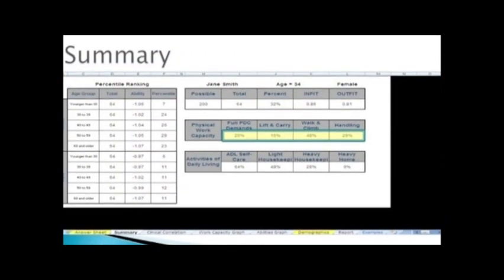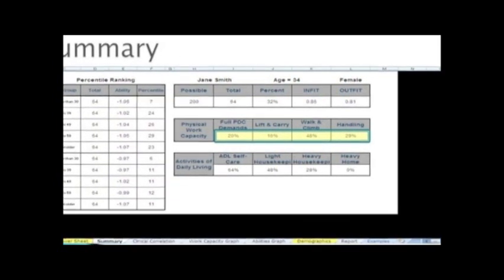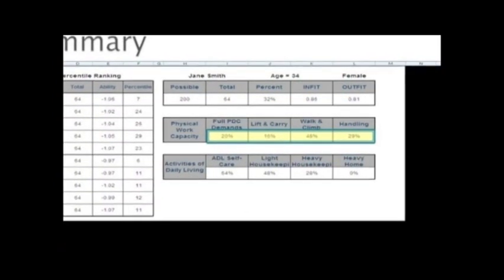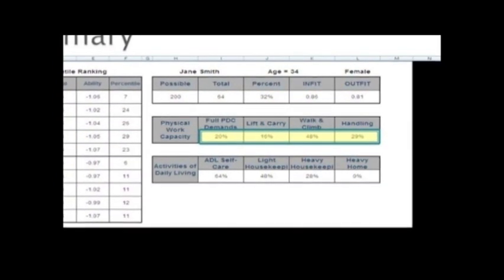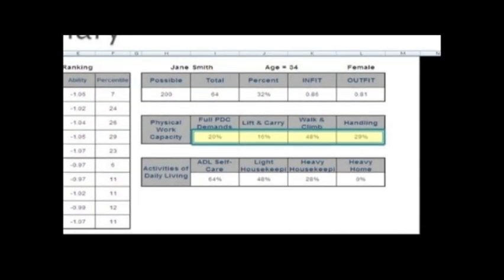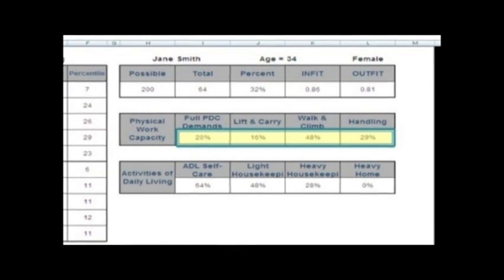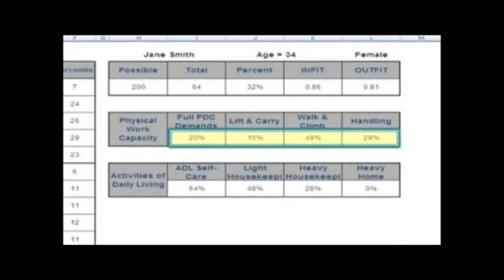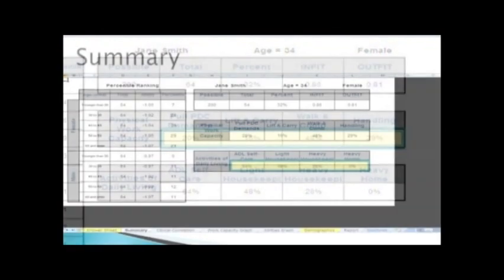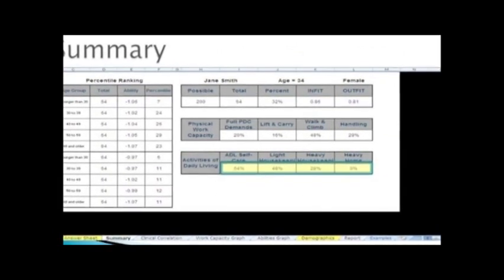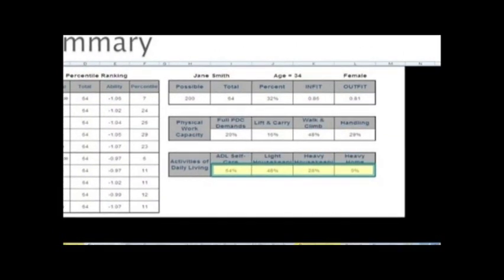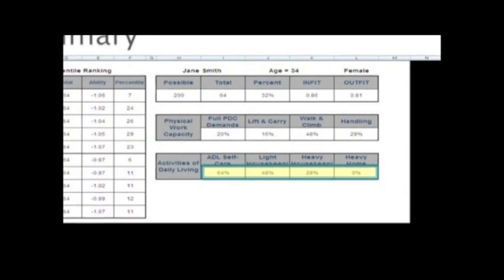The next set of data on the Summary tab has to do with physical work capacity, presented in terms of 4 different scores. These scores have to do with percent of possible. Perfect ability would give you 100% across all 4 scores. The next set of scores has to do with 4 different levels of activities of daily living.